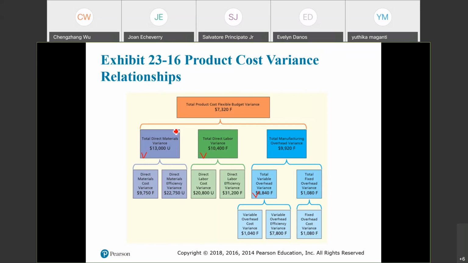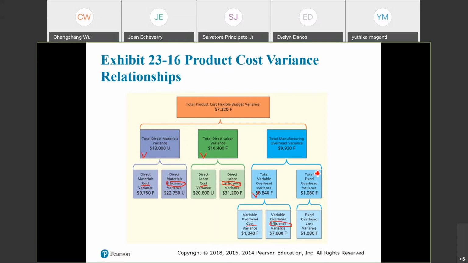One is cost variance, and the other one is efficiency variance.